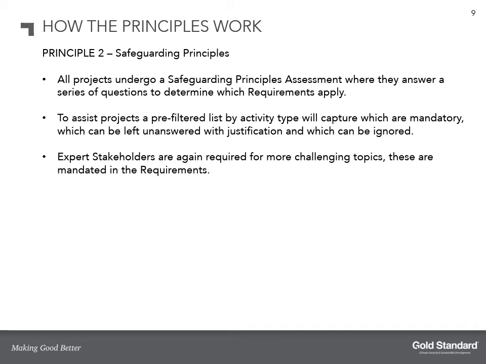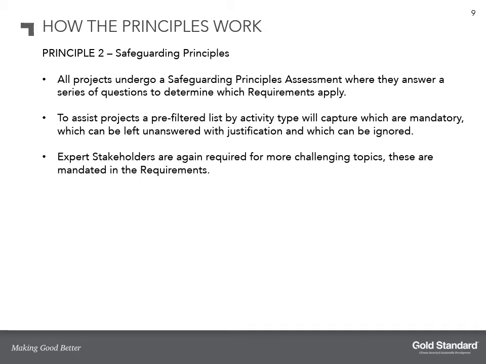And the idea here is that for each activity type at launch, there'll be a pre-filtered list that supports the project developer and makes clear which requirements are mandatory, which can be left unanswered or undemonstrated or unproven with a justification. So you might be able to say that this safeguarding requirement was relevant, but it's not relevant to my specific context because of a certain reason.